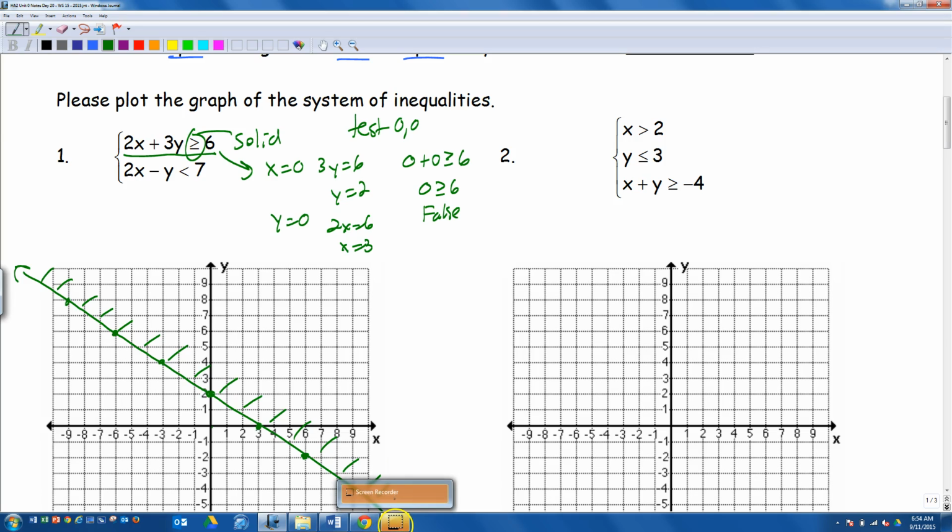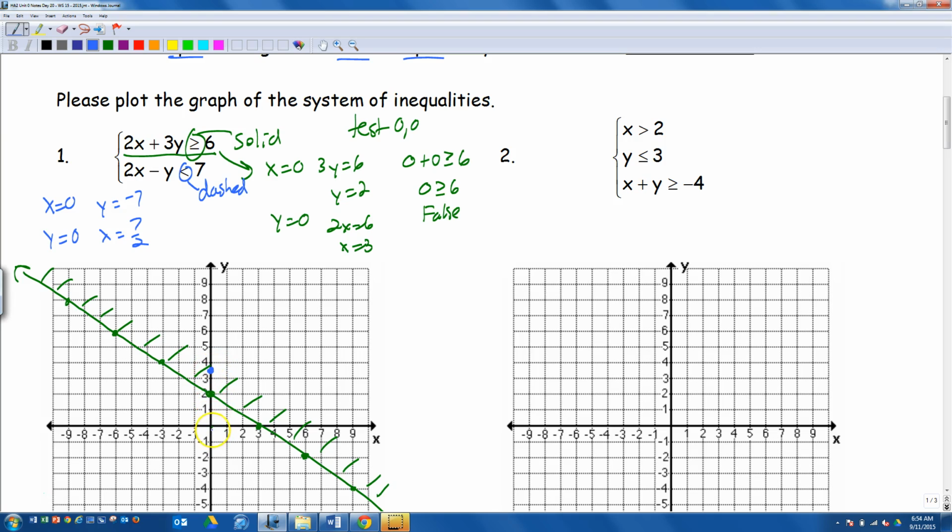Okay. Now we're going to do the other line. This is going to be a dashed line. And then I'm going to do the same method. When x equals 0, y equals -7, and when y equals 0, put a 0 in, you get x is equal to 7 halves. Okay, so that's what, 3.5?